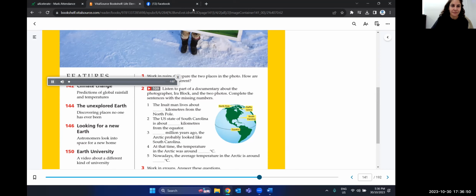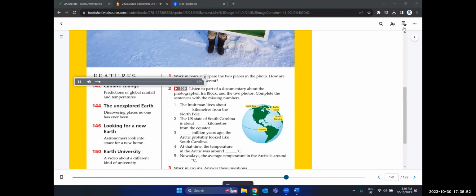Track 109, Unit 12 opener. This Inuit man lives on Baffin Island in Canada. It's in the Arctic, about 2,500 kilometers from the North Pole. Ira Block took the photo, and the Inuit man is also holding another photo by Ira Block.